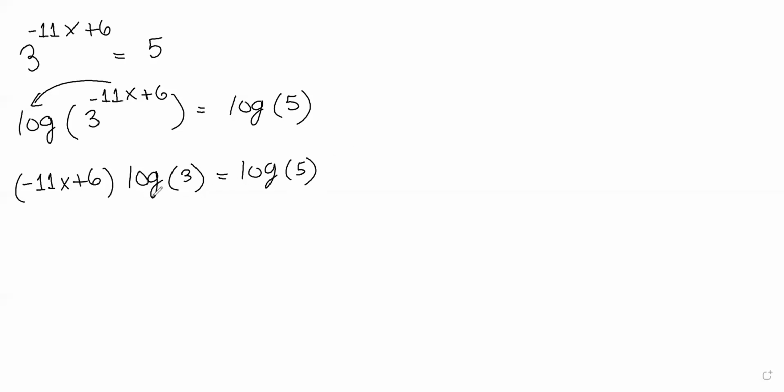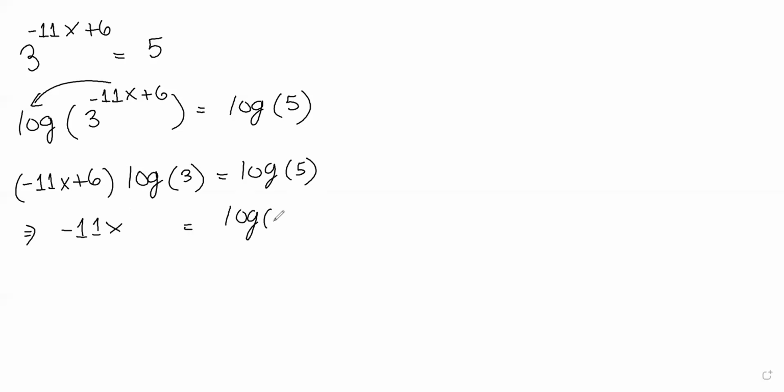Now, we could distribute the log 3 into the parentheses, but that wouldn't help us isolate x. We want to get all quantities away from x. Log 3 is just a constant. So we could divide both sides by log 3.